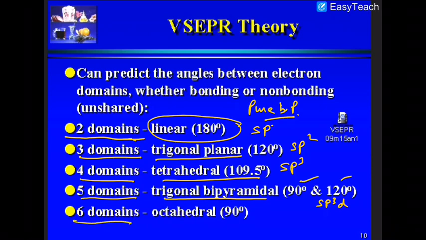If six bond pairs, then octahedral, that is sp3d2. That is an elementary idea, and the advanced idea of hybridization we will discuss next week. But here you have to take into consideration how these perfect bond pairs give you the perfect geometry.